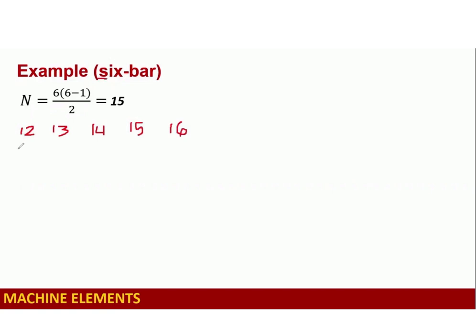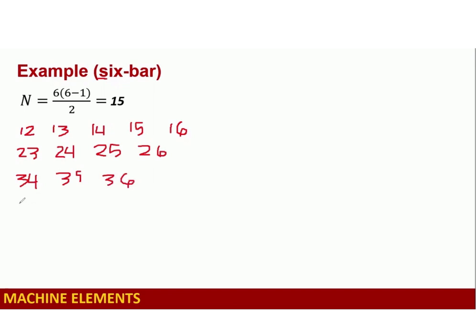And then the others, we have 2, 3, 2, 4, 2, 5, and then 2, 6. Continue, we have 3, 4, 3, 5, and 3, 6.